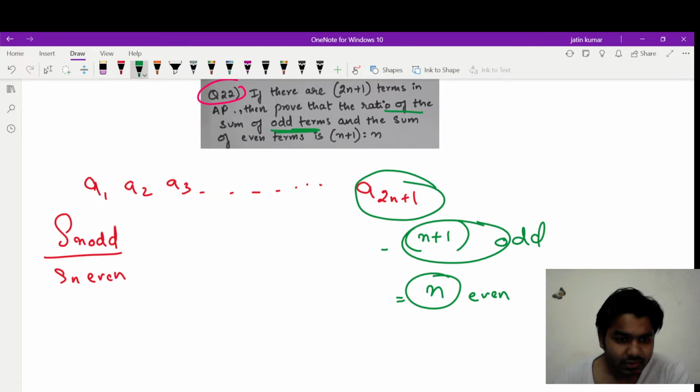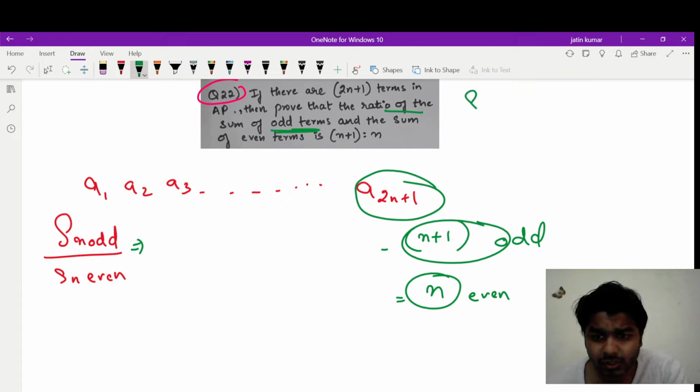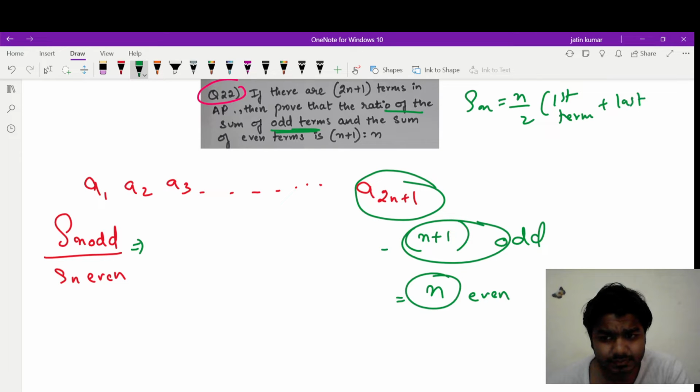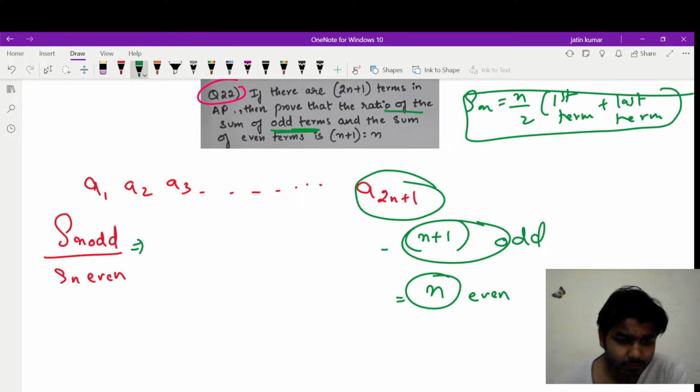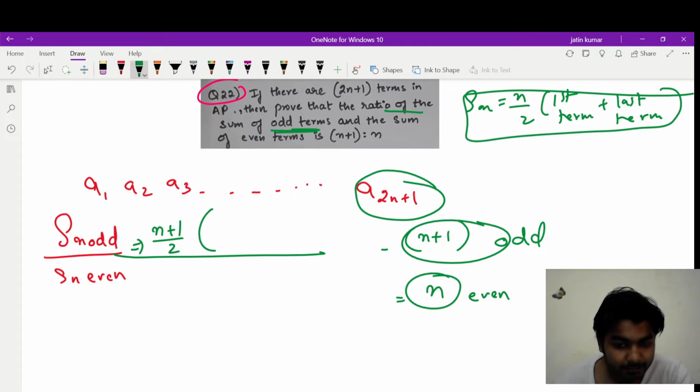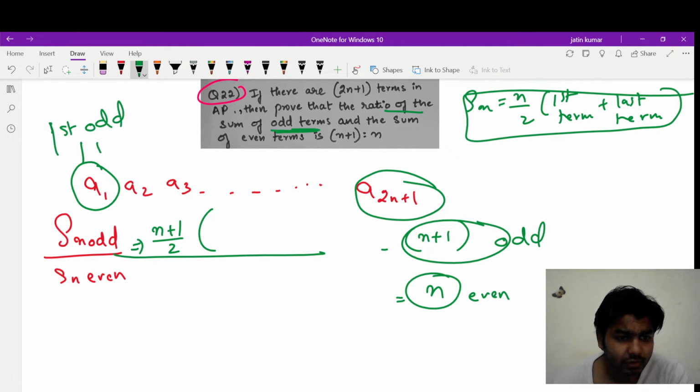So for Sn odd, you know the sum formula, Sn is equal to n by 2 (first term plus last term). This was the formula for sum, first term plus last term. So this time n will be (n plus 1) upon 2. And the first term will be a1, the first odd place.